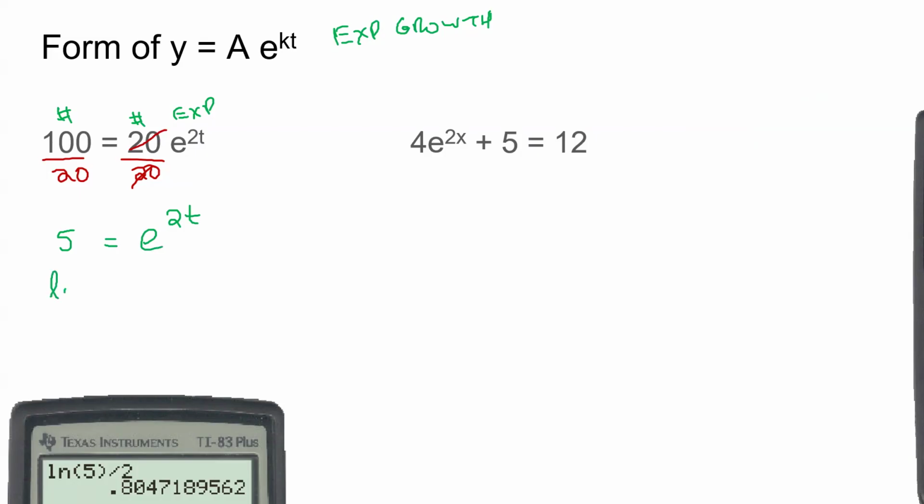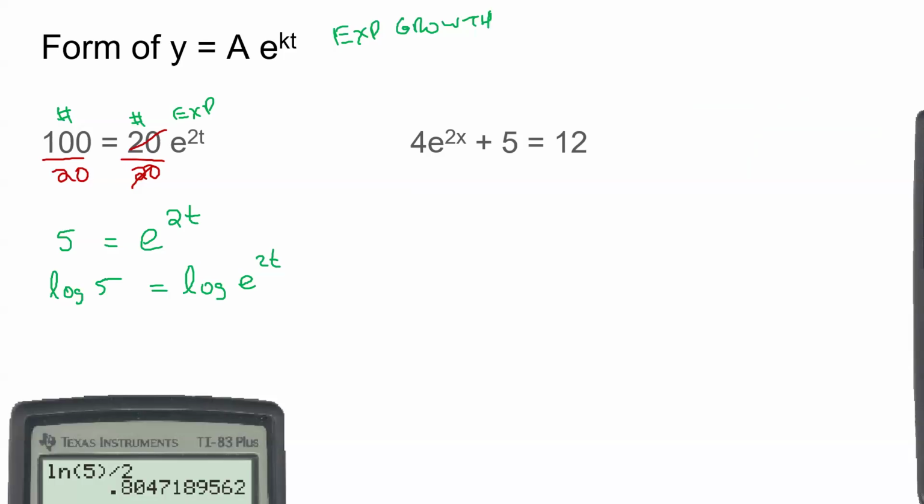So right here, we'll go log of 5 equals the log of e raised to the 2t. This would work. I could use power rule and bring down that 2t and put it down there, divide by the log e, log 5 over log e.